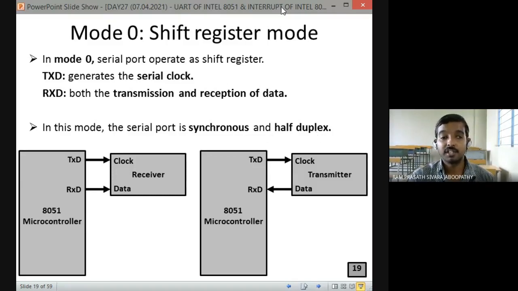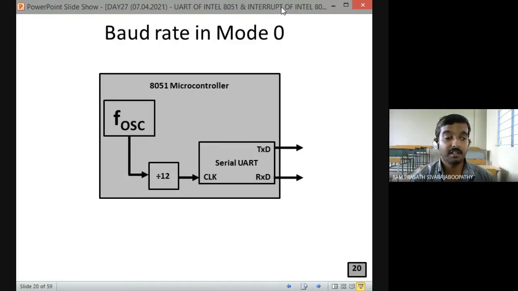Here for baud rate, the oscillator frequency gets divided by 12. That is the clock we are having to the serial UART. The same clock is going to the TXD pin. That means for every one machine cycle, 1 bit of data is going to be transmitted.